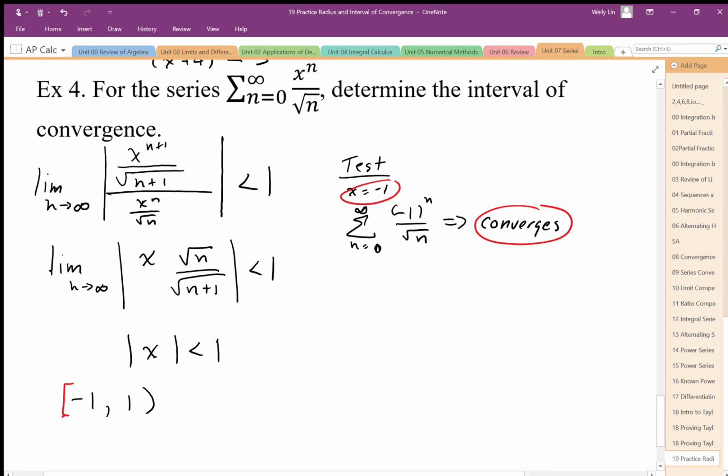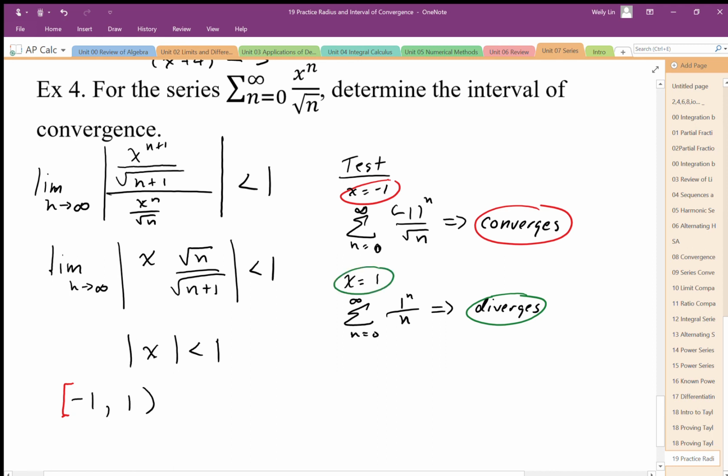So then I'm going to test x equals +1. When I do that, this time I'm going to end up with a diverging series because I end up with a harmonic series that doesn't alternate, that diverges. Okay, so that one, I'm not going to include that endpoint.